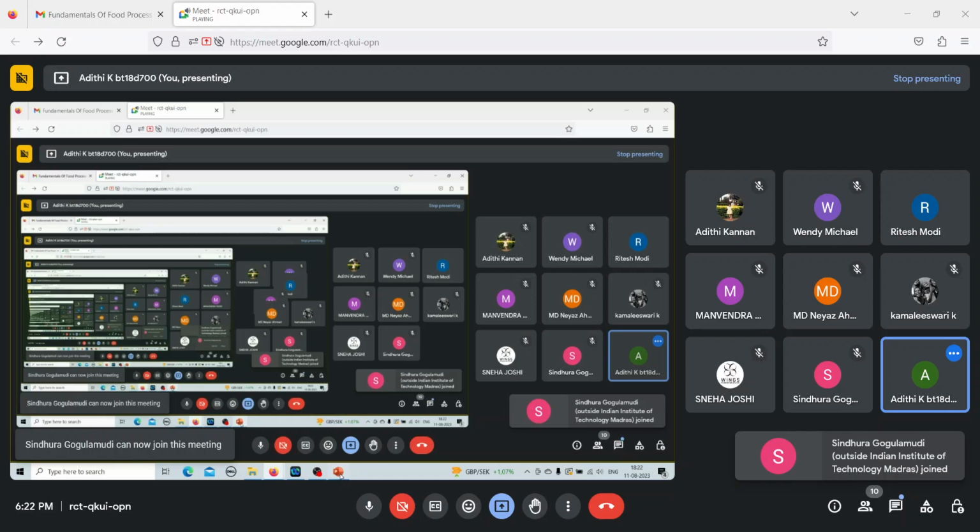You can change it to log by multiplying by 2.303. A natural logarithm can be changed into log to the base 10 if you multiply by 2.303. So you have 2.303 log of C by C naught equal to minus 2.303 by D into t.